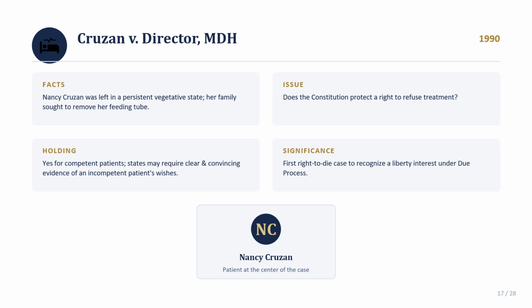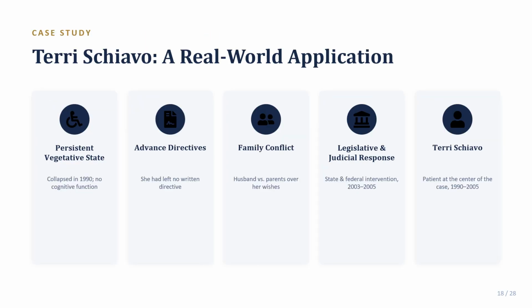But this matters. It shows that Cruzan didn't categorically bar families from meeting this heightened evidentiary standard. It just required them to actually produce sufficient evidence, which in that instance, the family was able to do.